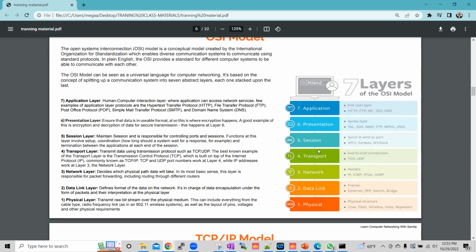If you are browsing now and you type anything, there will be an underlying protocol working between your computer and a server, from layer 7 to layer 1, and from layer 1 to layer 7 of the server, because one will be encapsulating, one will be decapsulating it. If they cannot do that, you won't be able to access whatever you want to access online.